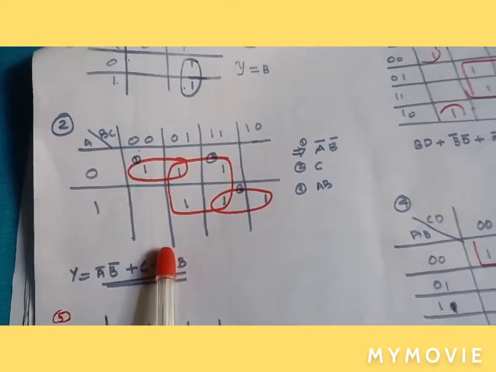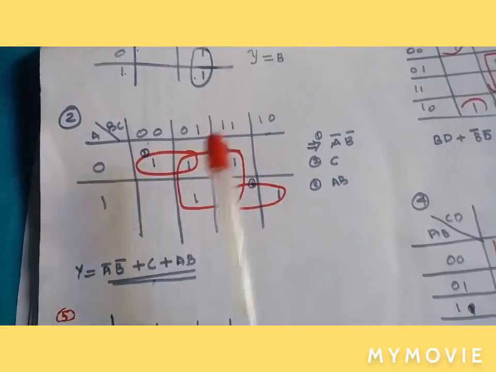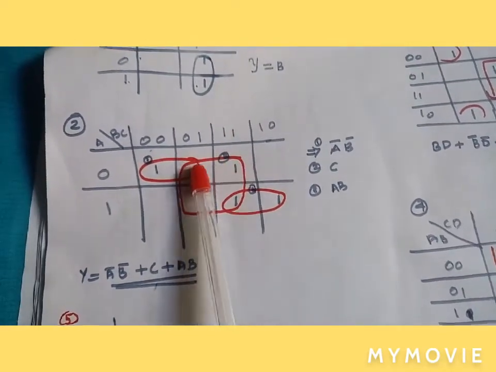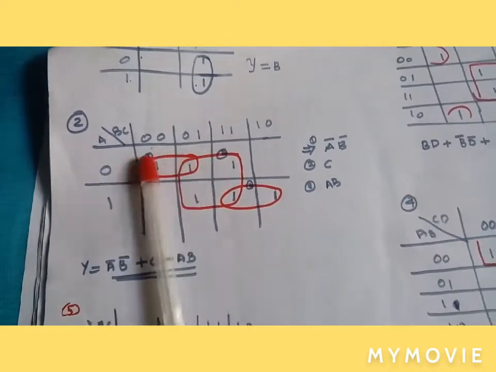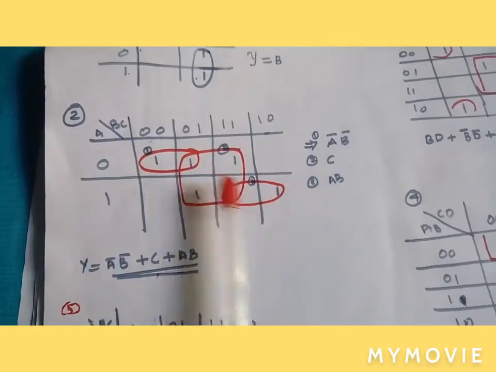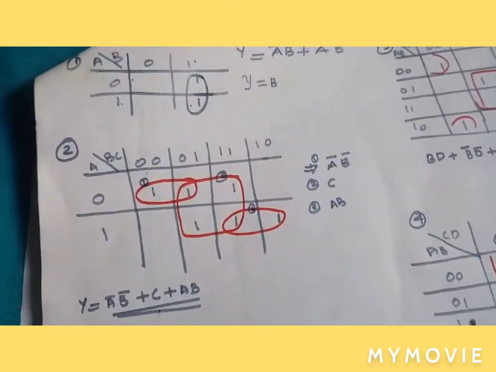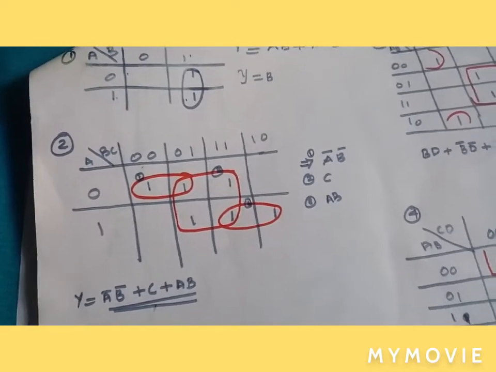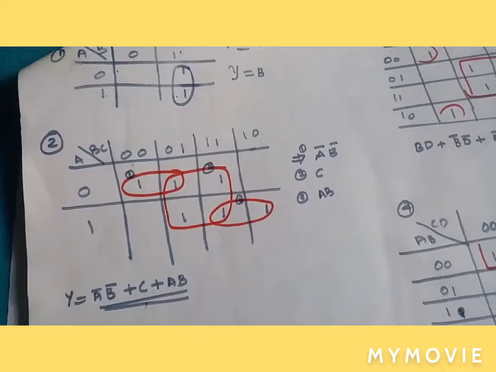So we can simplify this output. We know that there is a quad. Quad means 4 ones and pair means 2 ones. So there is 1 quad and 2 pairs. We can make the group as large as possible.